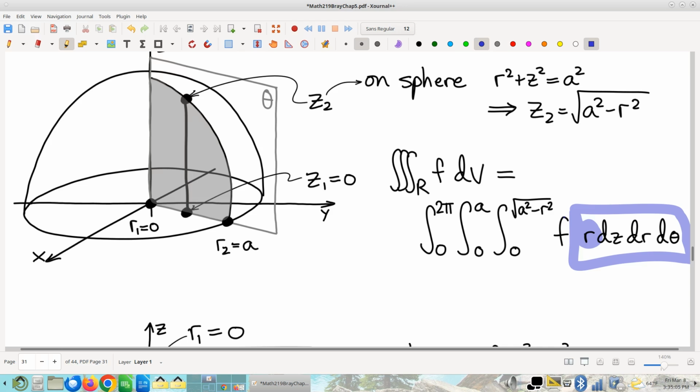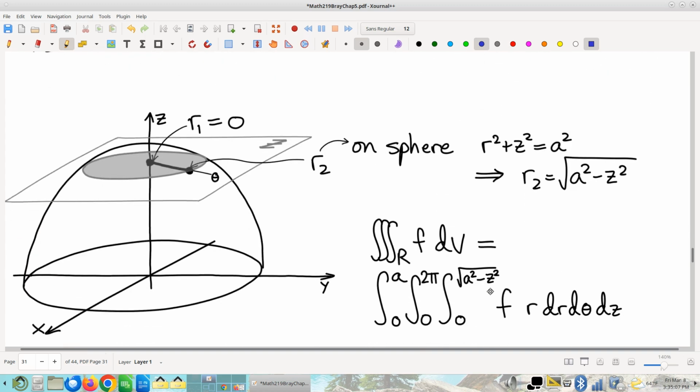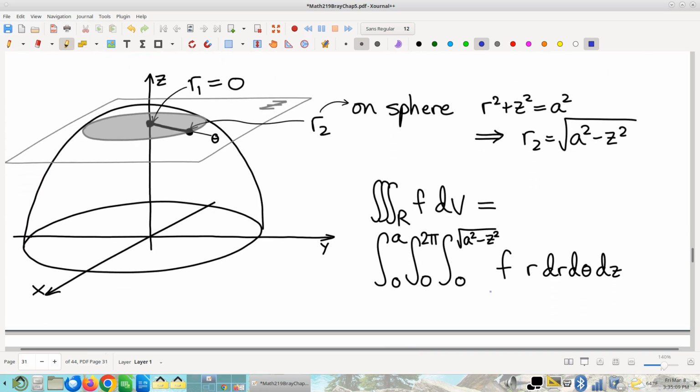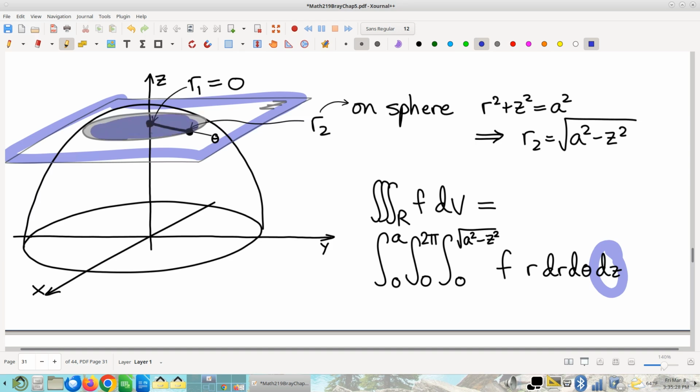Okay. All right, next example, we're going to do the exact same domain, just now this time we're going to put dz on the outside instead of the inside. And okay, so our usual slicing process, here's what a z slice looks like. Constant value of z, horizontal plane. Here's what the resulting slice is.